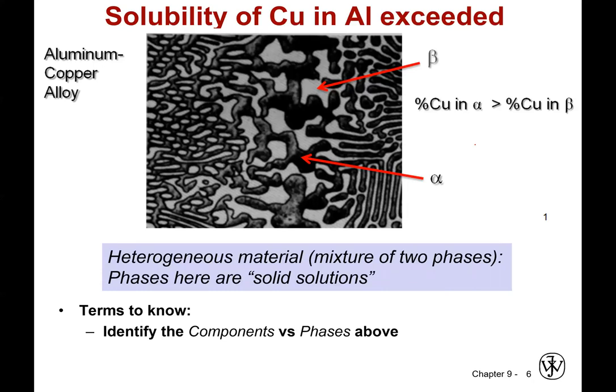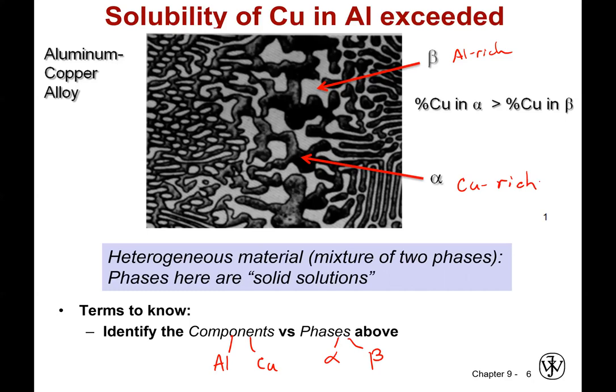So again, in this case, the two components here are aluminum and copper. The phases that are present are alpha and beta. We give them Greek labels. And in this particular case, if we were to measure the compositions in the alpha and the beta, we would find that the beta is aluminum rich, and that the alpha is copper rich.